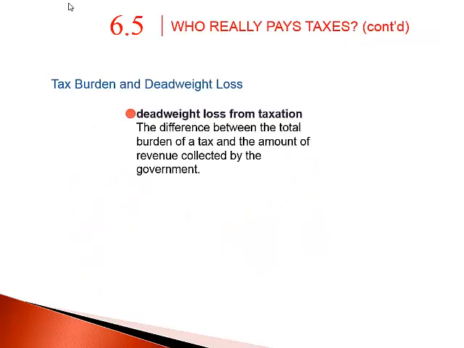Deadweight loss from taxation: the difference between the total burden of a tax and the amount of revenue collected by the government. What happens is, because some people pay a lot more taxes than others, we see what's known as inefficiency. Not everybody is going to pay the same amount of taxes, and the burden doesn't fall on everybody. Some people don't even pay any taxes.